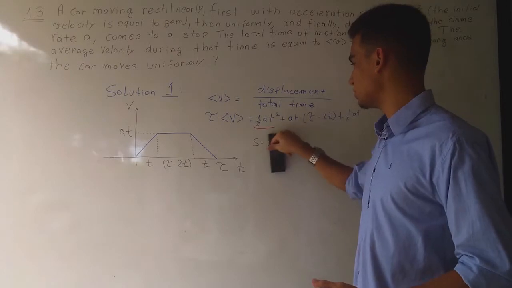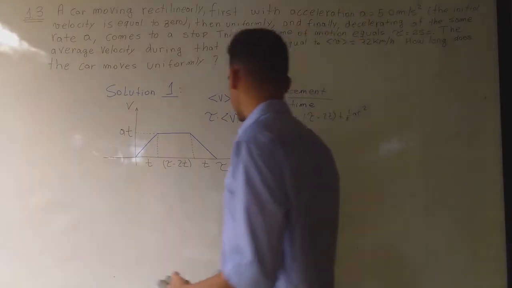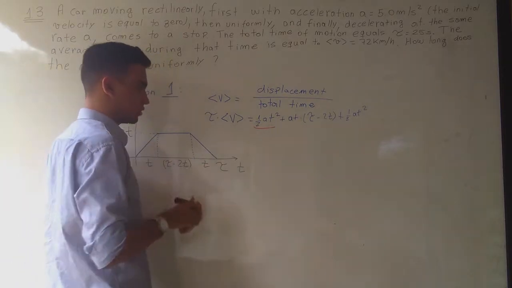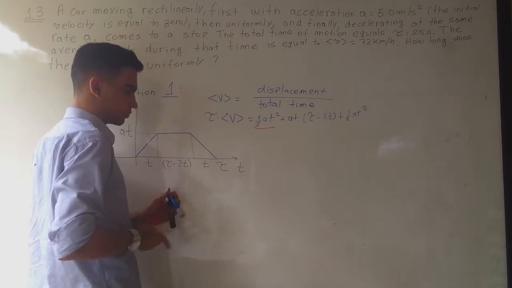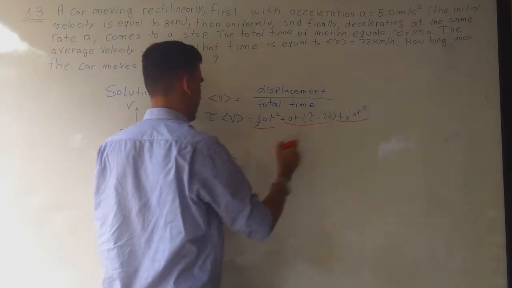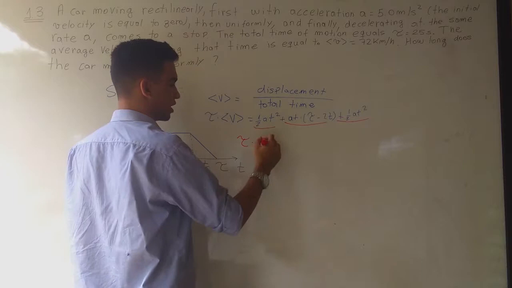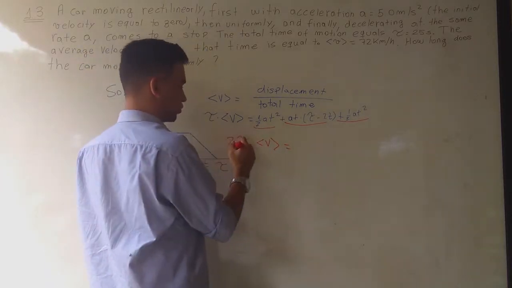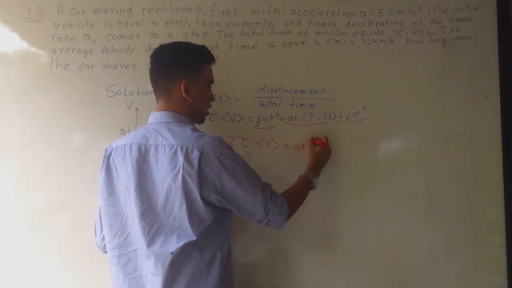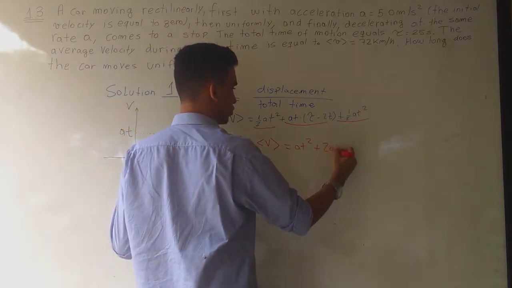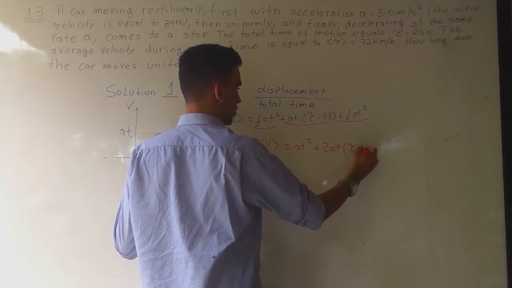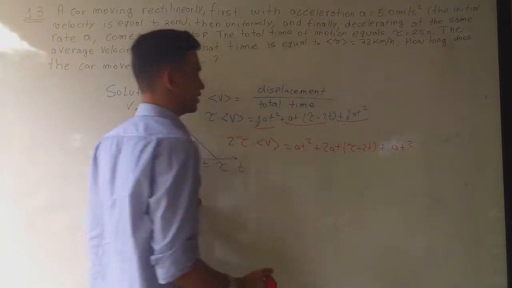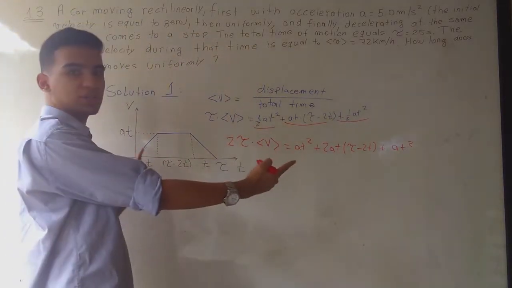So erasing it here, we will have tau times average v is equal to 1/2 at squared plus at times tau minus 2t plus 1/2 at squared. I just multiplied the whole equation by 2.